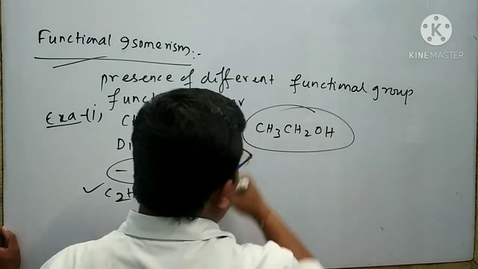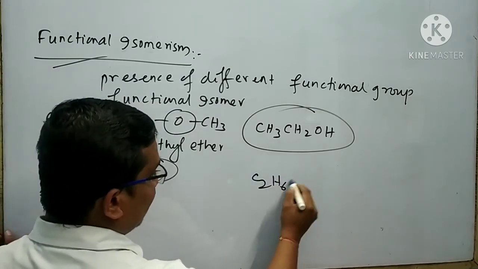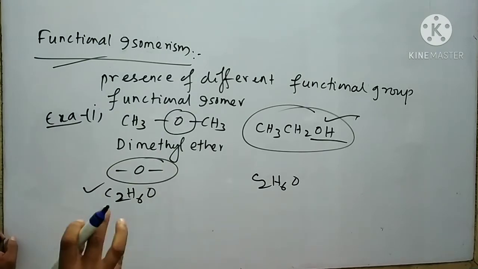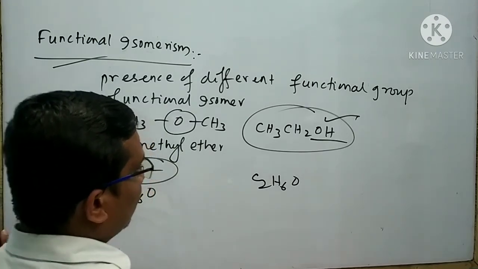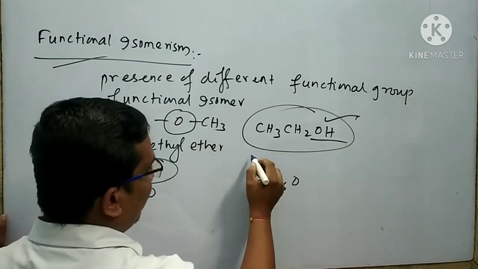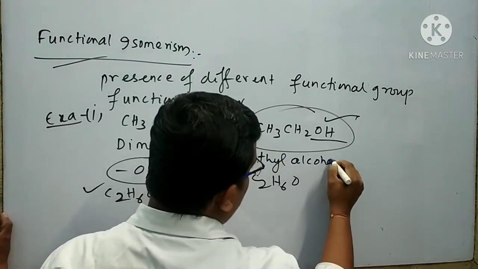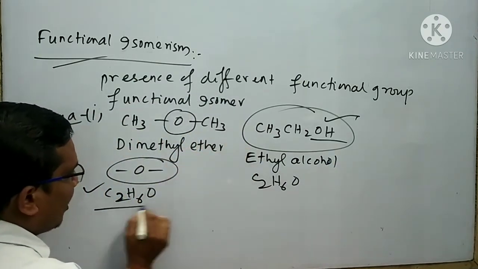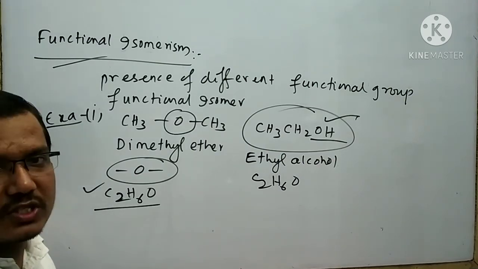Look at that, this compound also has the formula C2H6O, but in this compound bond OH, that is your alcohol, is present as the functional group. The name of this compound is ethyl alcohol. Look at that, these two compounds have the formula C2H6O, but they are different in the functional group.